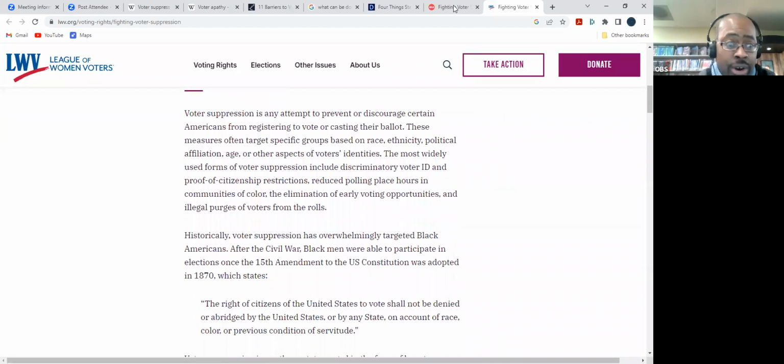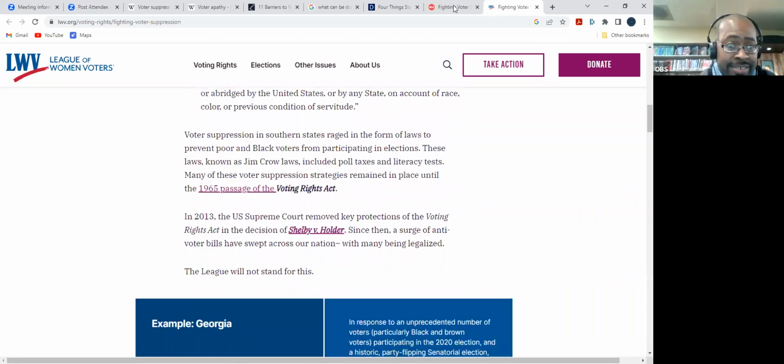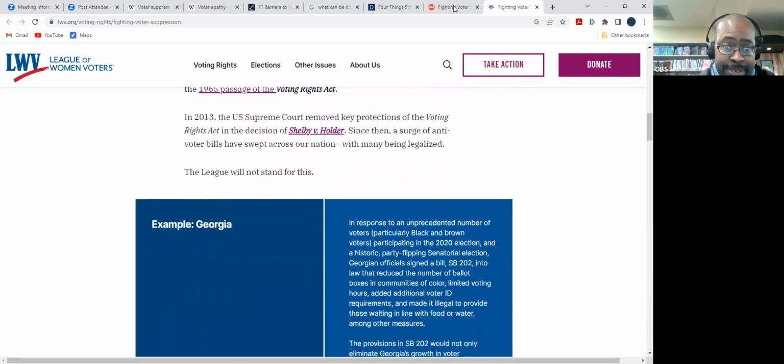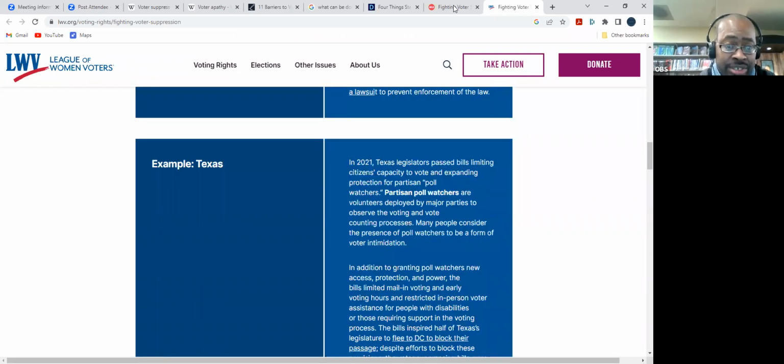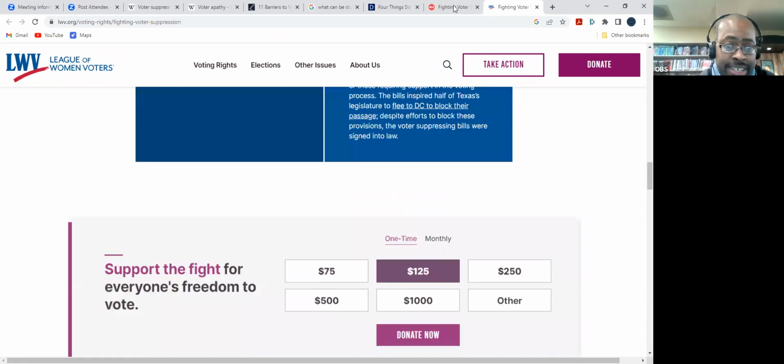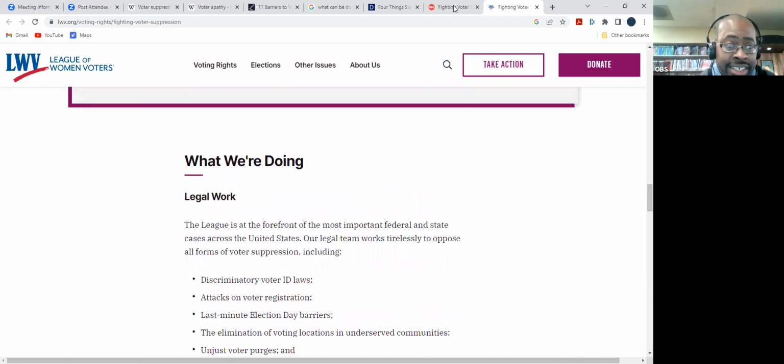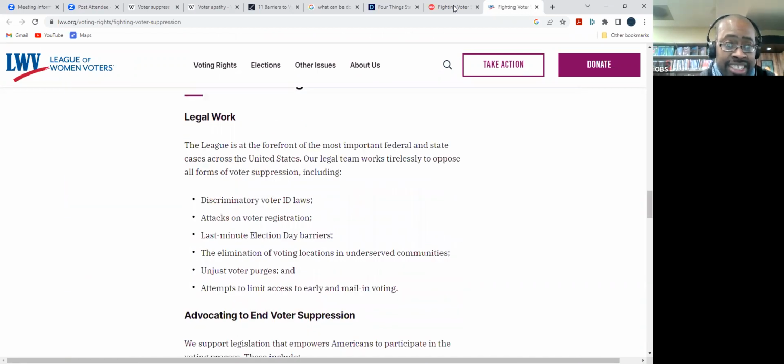And so they have a whole page that goes over the history of it. I won't go into that. I've already mentioned that. And they gave some examples here, like in Georgia and Texas, which I've already mentioned. And so these are some of the things that they're doing.